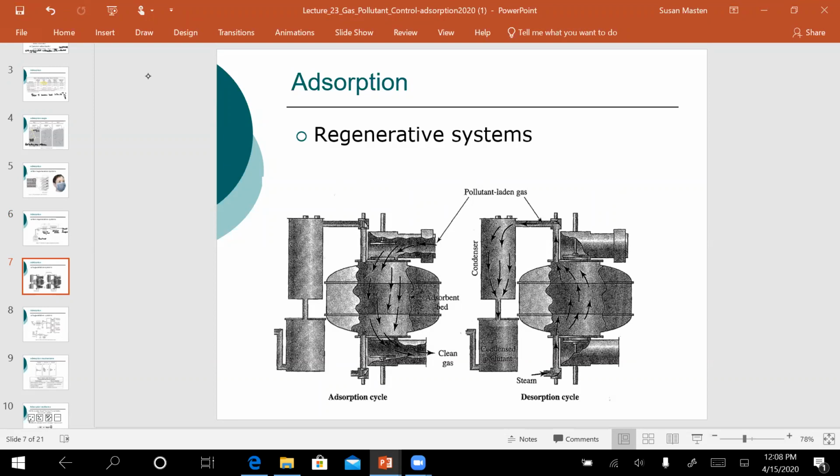It sorbs onto the carbon. And then when that carbon is exhausted, we would switch to a different adsorption bed. And then what we do is we use steam, so we're using temperature. We're purging the contaminants from the bed using high temperature. Adsorption is an exothermic process.